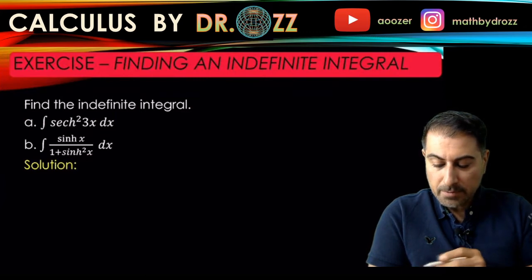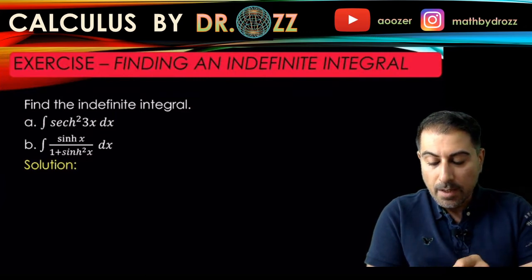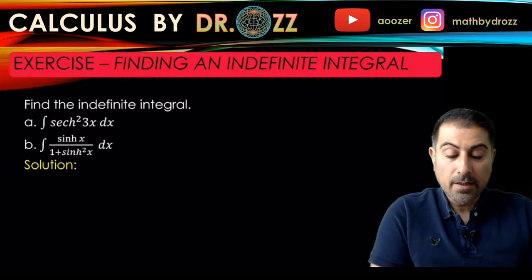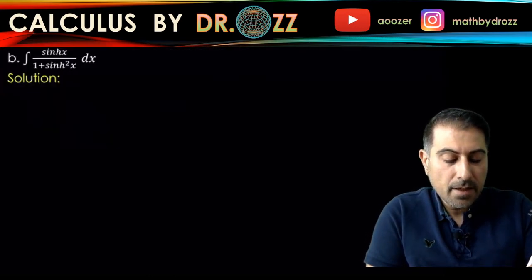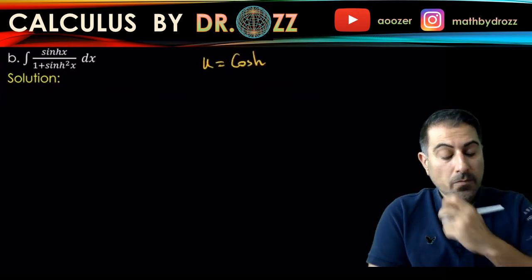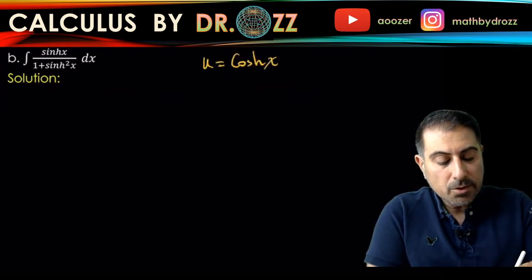I should probably start by calling u to be cosine hyperbolic x, so that du becomes sine hyperbolic x dx.